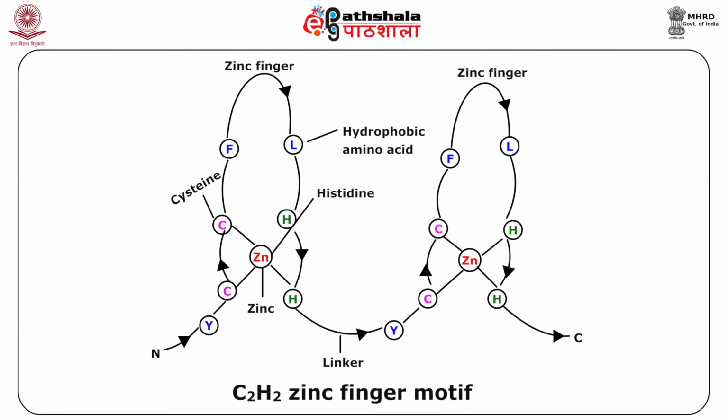The two cysteine residues and two histidine residues are tetrahedrally coordinated to zinc, as shown in the figure. It has 2 to 3 beta strands in its N-terminal sequence and one alpha helix in the C-terminal half of X12H. C2H2 zinc finger proteins are nearly 1% of total mammalian proteins.